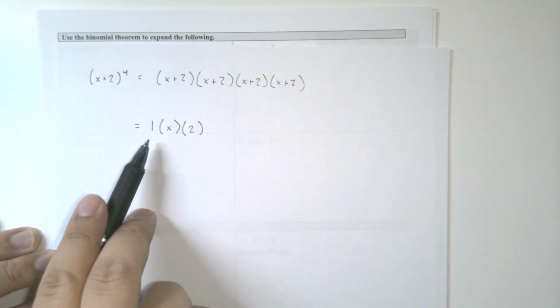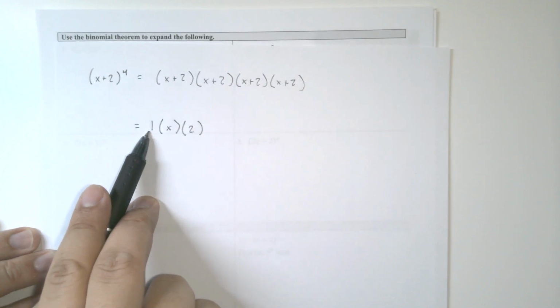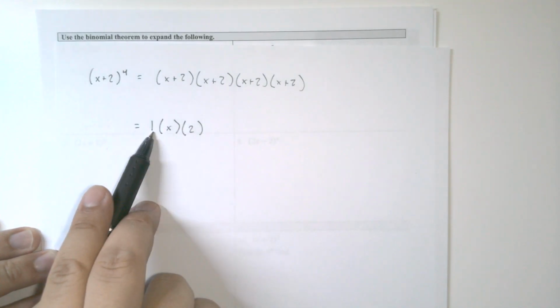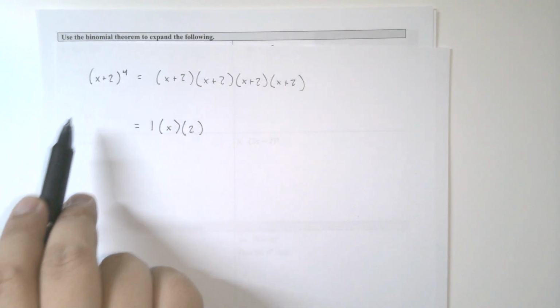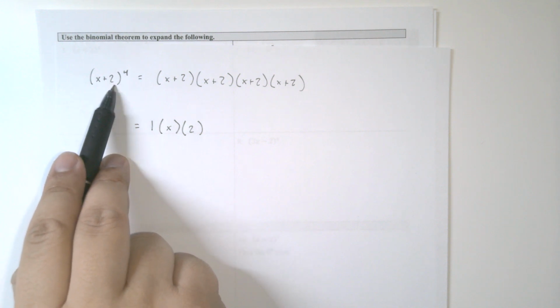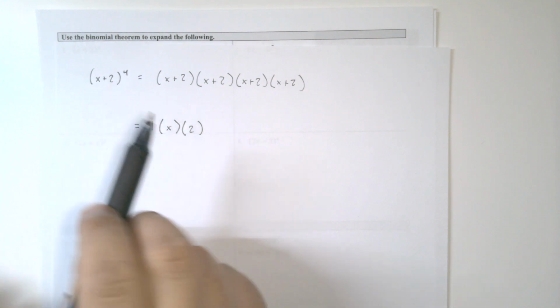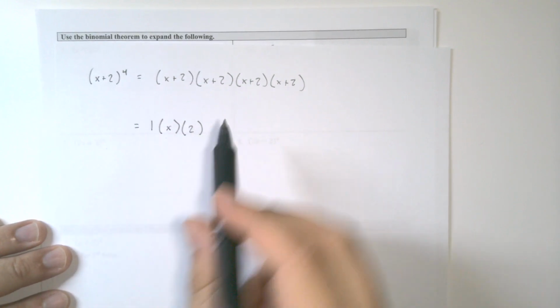So we're using our binomial coefficients. Again, that was 1, 4, 6, 4, 1. So we start off with 1, and we want to identify what a and b are in our binomial expansion. So a here is x, and b here is 2. So we have a and b, in this case, x and 2.